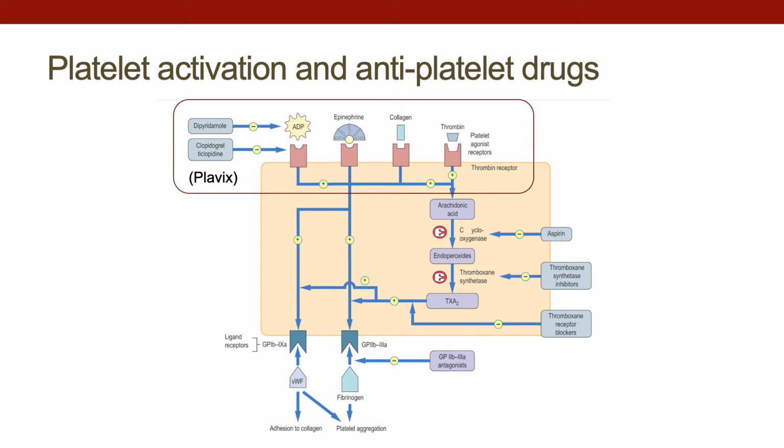Thrombin is a protease, as we will see in later slides, and it cleaves a 7-transmembrane receptor and exposes a new N-terminus of that receptor, and that N-terminus then stimulates signaling through the receptor. So it doesn't actually have a ligand; it just cleaves off part of the tail to expose the ligand that's already there.